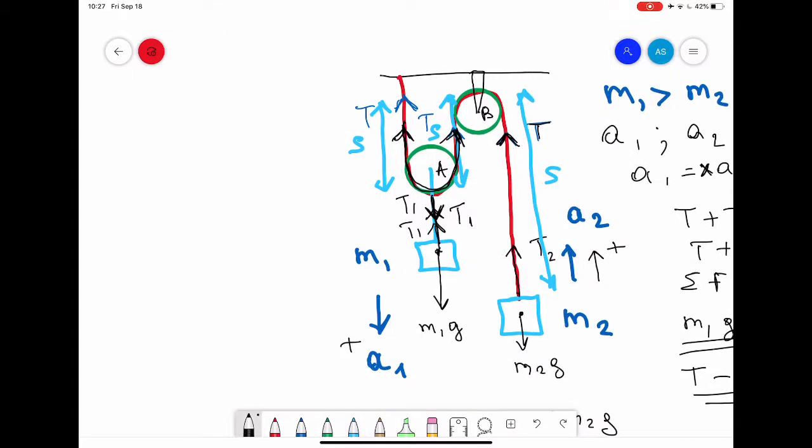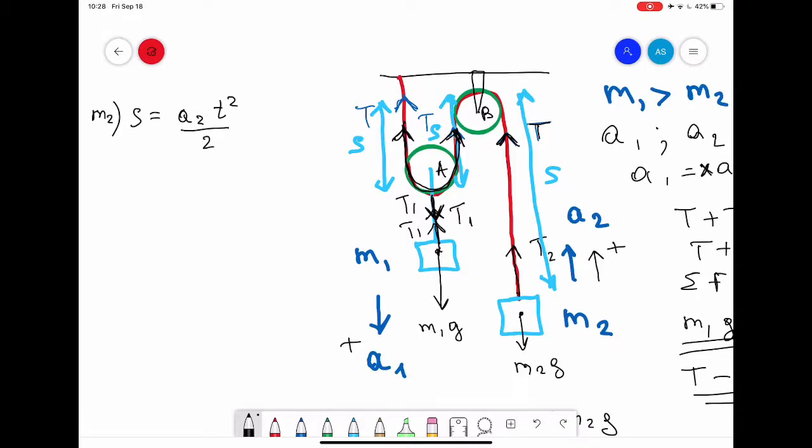We know that we have a formula where S is equal to, since initially it was not moving, so initial velocity is 0, so for the right side, for the mass 2, S is equal to A2 T squared over 2, right?